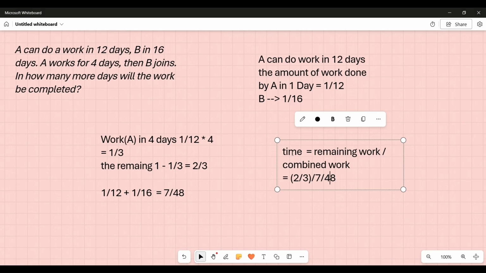We can put each in brackets for simplicity. Now when we solve it, the answer comes out to be 32 upon 7.